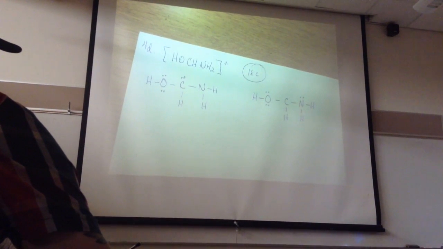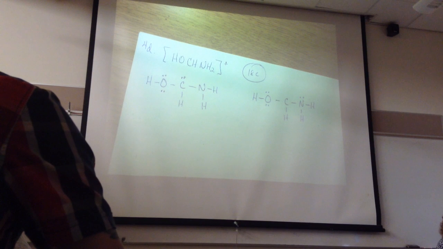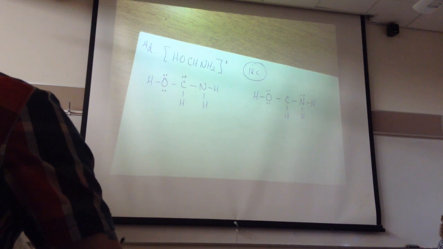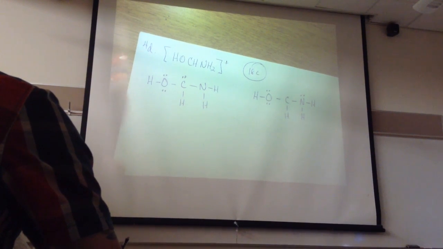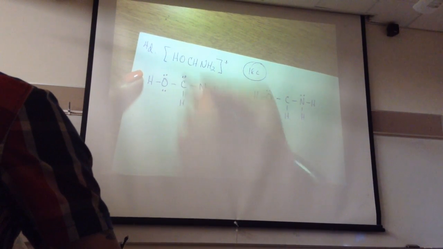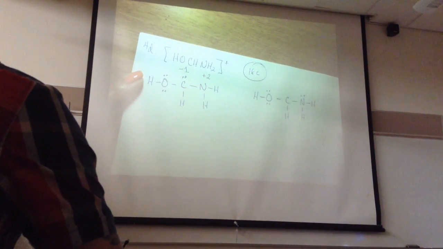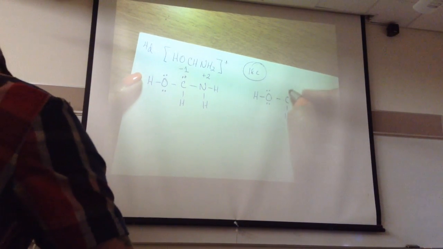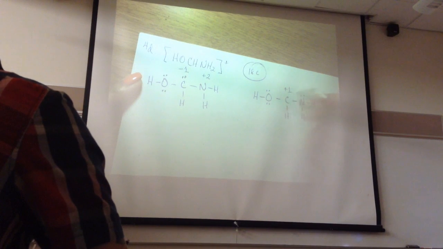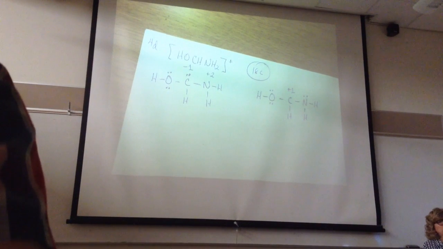These are the only two I'm going to draw so that you can defend them. If you're defending the one on the left and the one on the right, the first thing you do is add formal charges. On the left, oxygen is 0, carbon is -1, and nitrogen is +2. On the right, the oxygen is 0, the nitrogen is 0, and this one is the +1. Which one is the most acceptable?